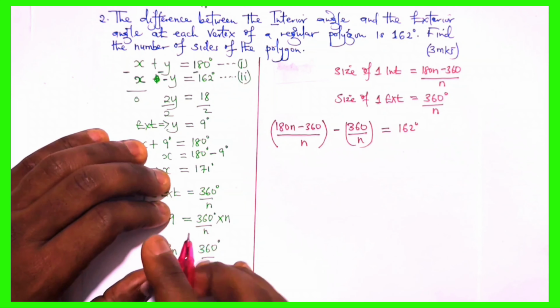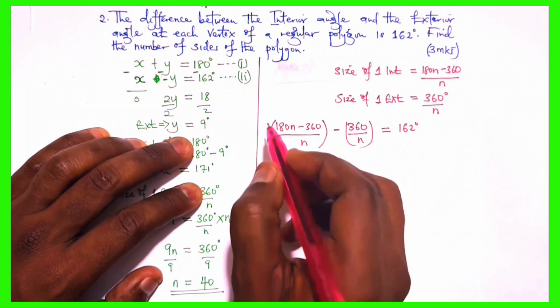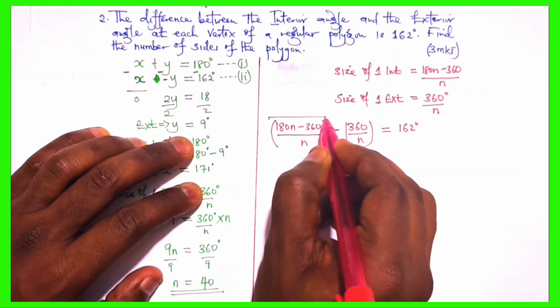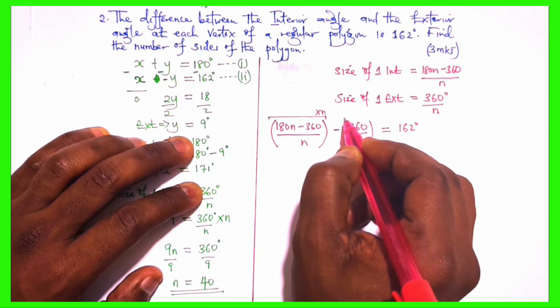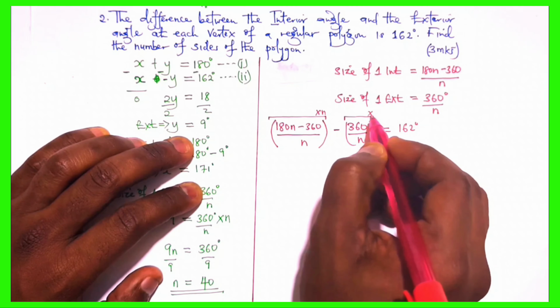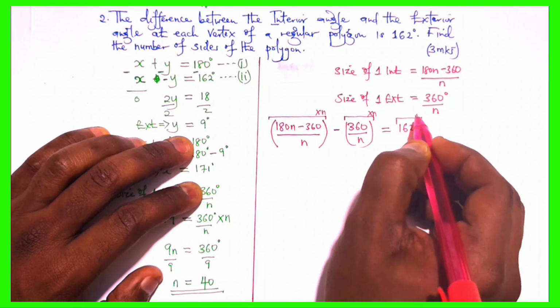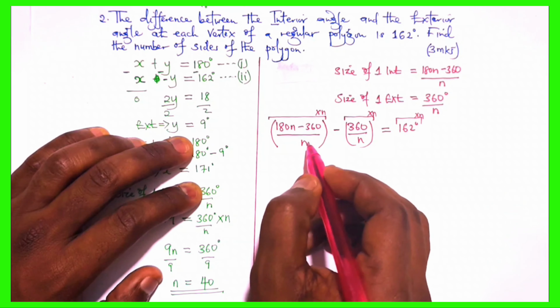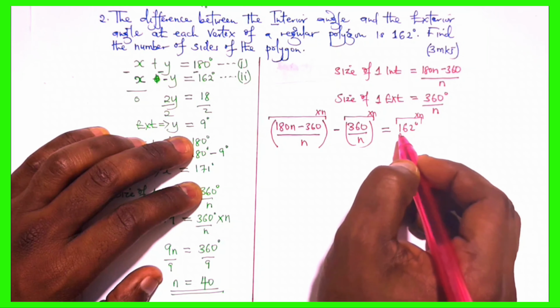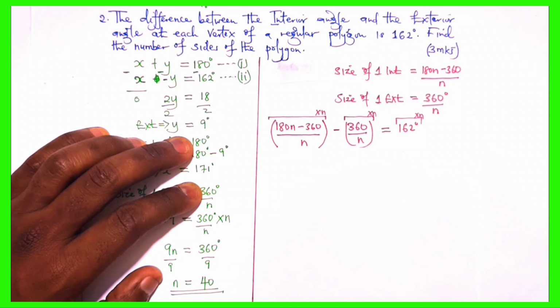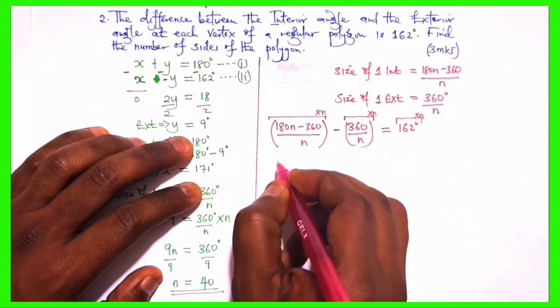So we then simplify this equation by multiplying each term by n so that we get rid of the denominators. So you realize that this one here will cancel out, this one also will cancel out. We are left with 162n on this other side. So these other terms remain the way they are.